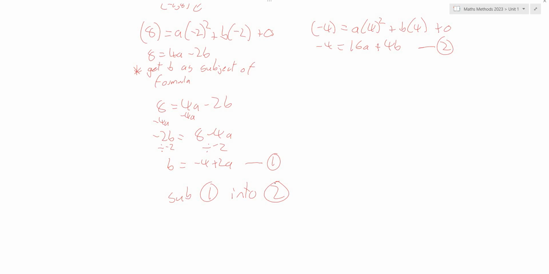This might make a little more sense why I put my subbings in brackets, just so it makes it really clear what's going where. So that gives me negative 4 equals 16a plus 4. And then instead of that b in equation 2, I'm replacing that with equation 1. So minus 4 plus 2a.